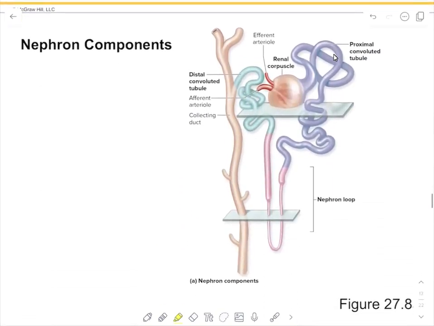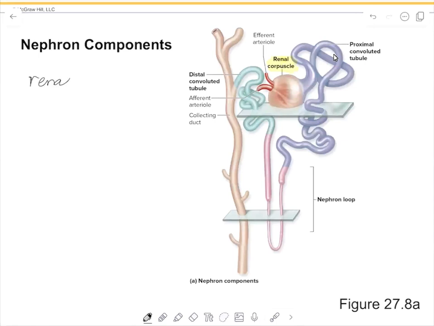So the nephron components are shown on this slide, and let's go through them in order. This doesn't refer to the renal corpuscle too much, but it does have it. Remember that the renal corpuscle is going to contain the glomerulus and a capsular space. As far as the renal tubule, it begins with the proximal convoluted tubule.